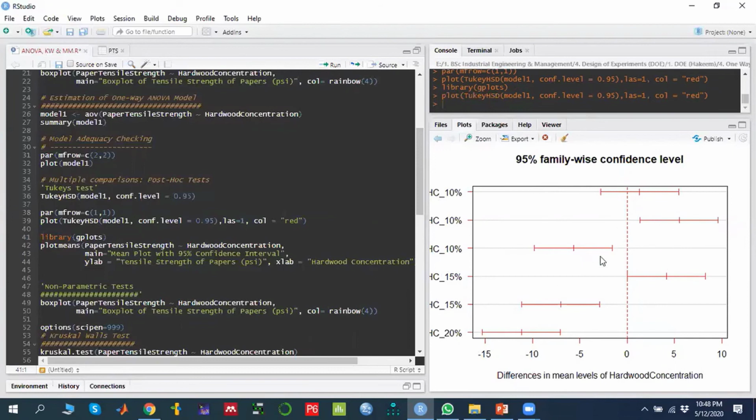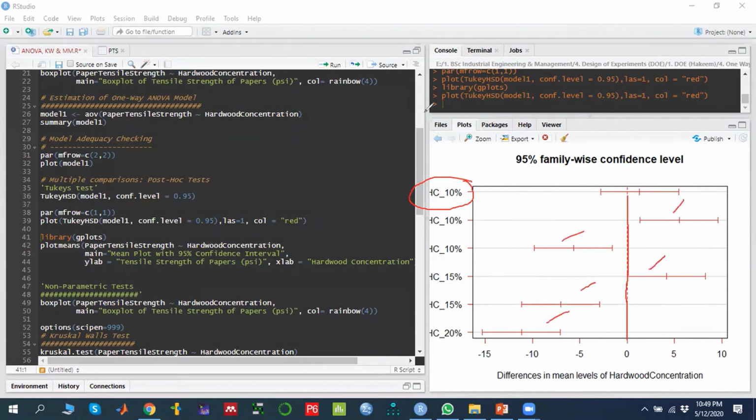How you can interpret this plot is, if the confidence interval crosses this red line, meaning the confidence interval contains this 0 value, that means those two levels are equal. Right now we have seen in the Tukey test that 15% and 10% are equal. The rest of them are unequal.